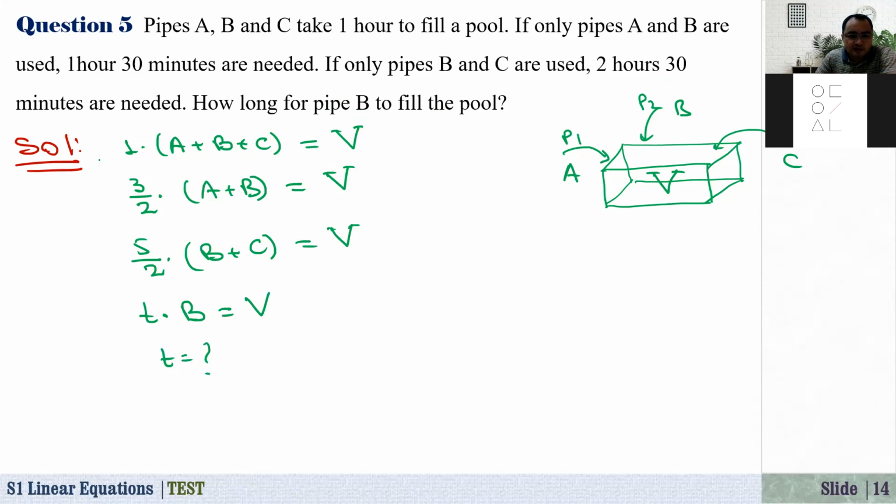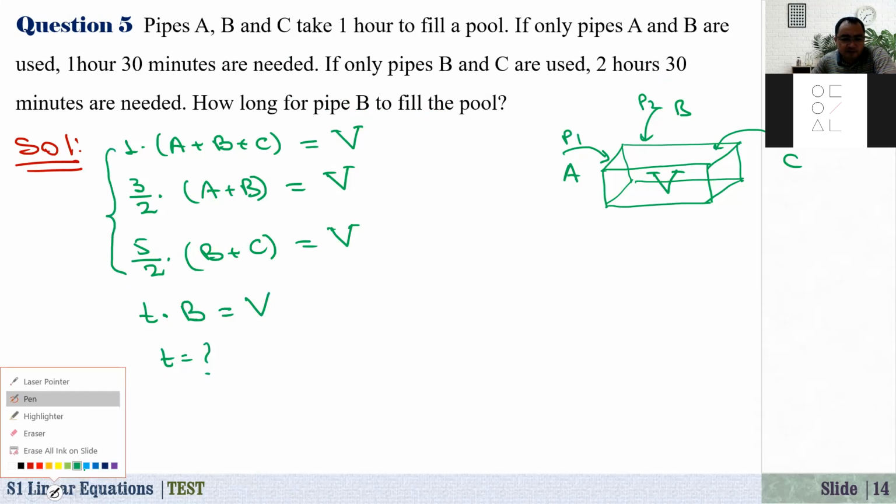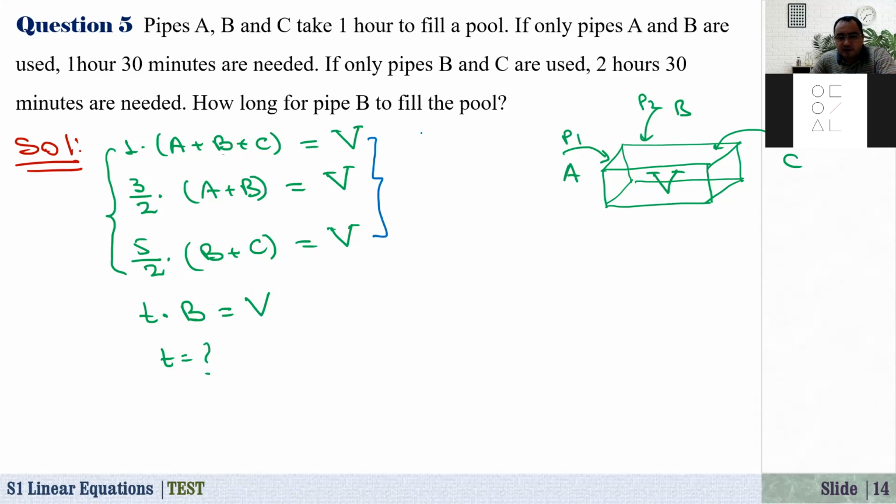This is the question. So now here we have a system of linear equations. If we solve this, we can get the values of A, B, C, and after that we can find the value of B. So from here, let me rewrite again.